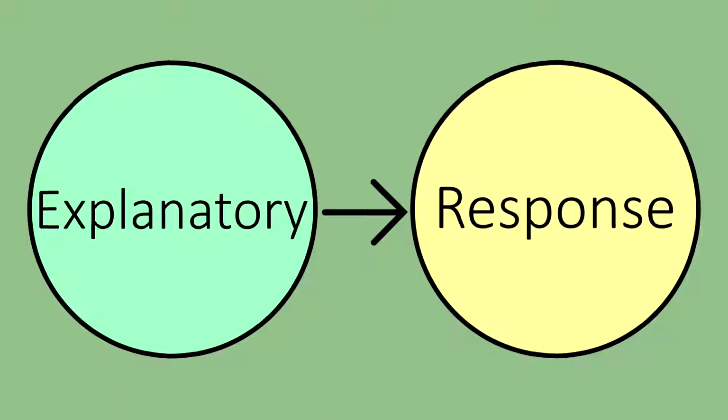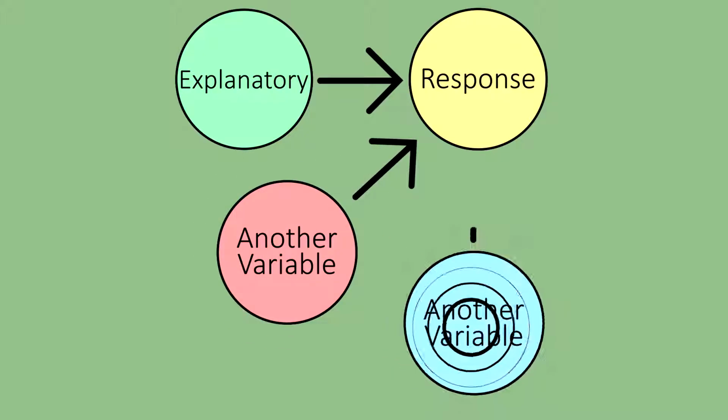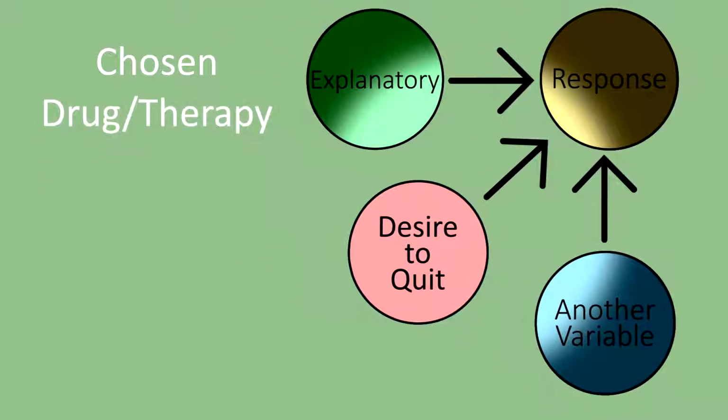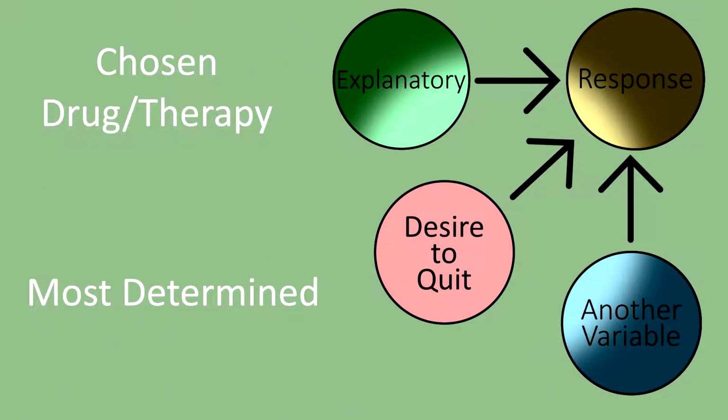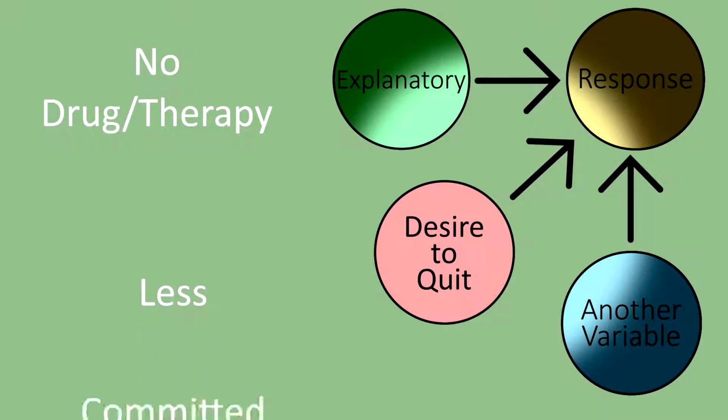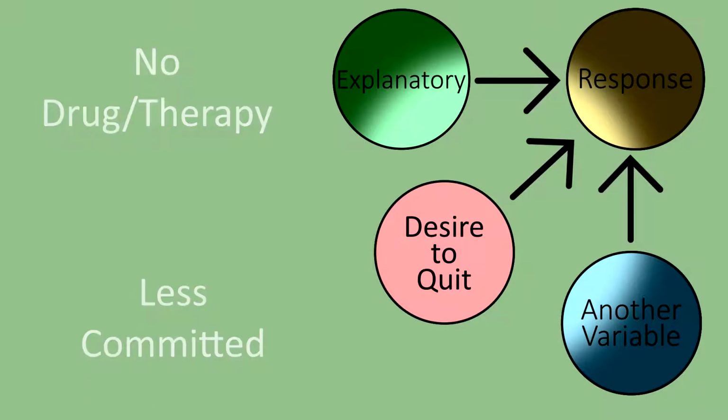This is due to the fact that other lurking variables may also be involved, such as the level of the participant's desire to quit. Specifically, those who have chosen to use the drug therapy method may already be the ones who are most determined to succeed, while those who have chosen to quit without investing in drugs or therapy may, from the outset, be less committed to quitting.